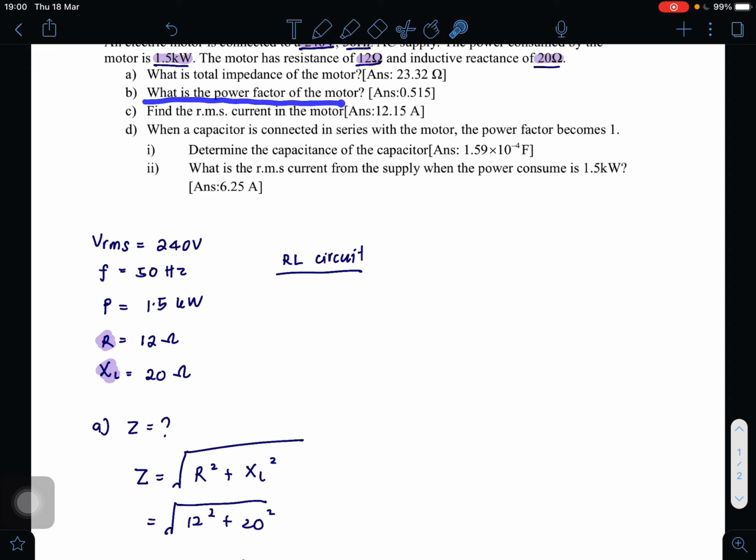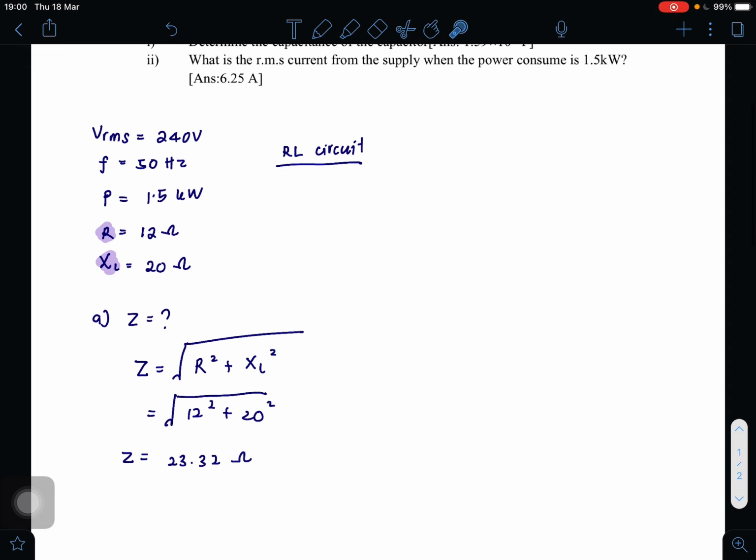Okay, so next question. What is the power factor of the motor? So power factor is cos phi. And then formula untuk cos phi, kita ada dua. Satu, cos phi is equal to P average divided by VRMS times IRMS. But here we don't have this value.